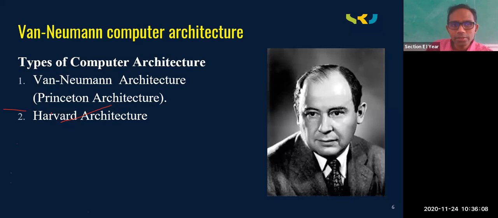Now, who has introduced this one? The first architecture was designed by Charles Babbage and Ada Lovelace. Two people are there. Generally, we know that Charles Babbage is the inventor of a computer, but along with him, we also have Ada Lovelace. They created the first machine with an architecture. It is not Von Neumann architecture or Harvard architecture. With some architecture they designed it, and the name of that computer is Z1.